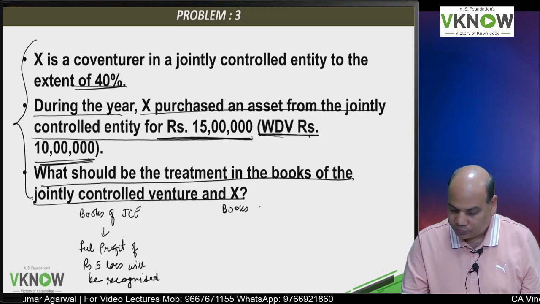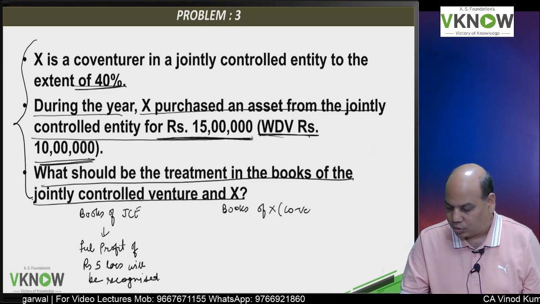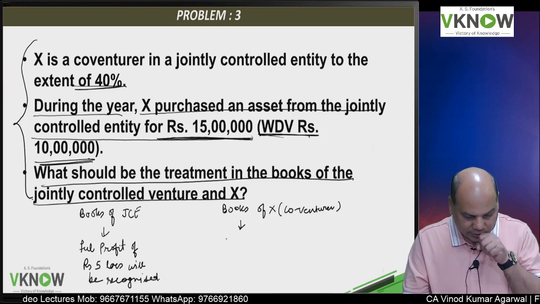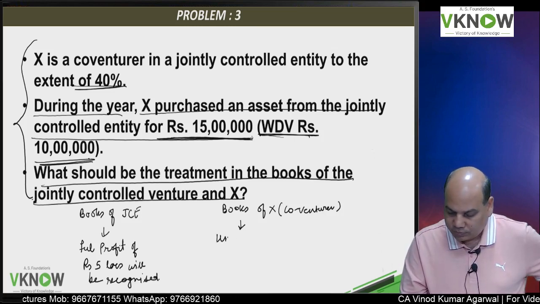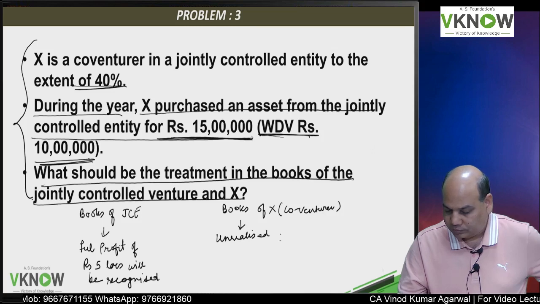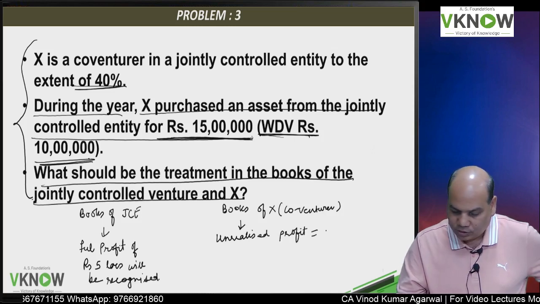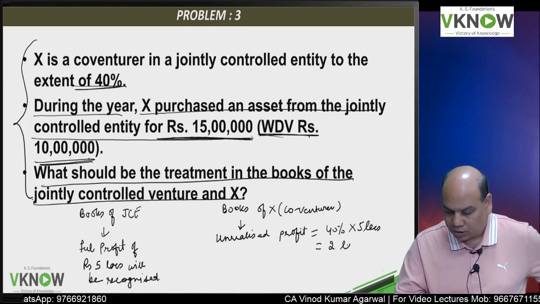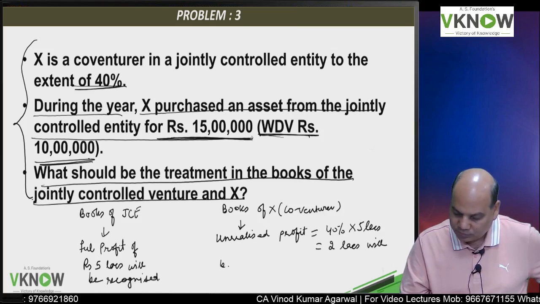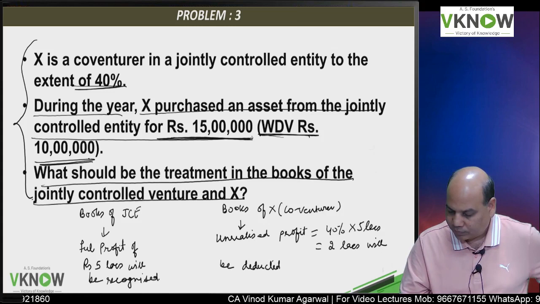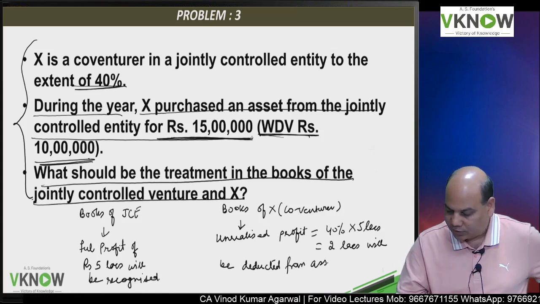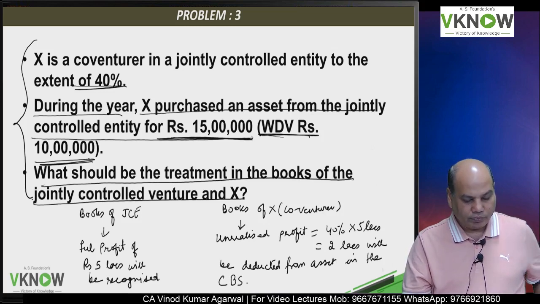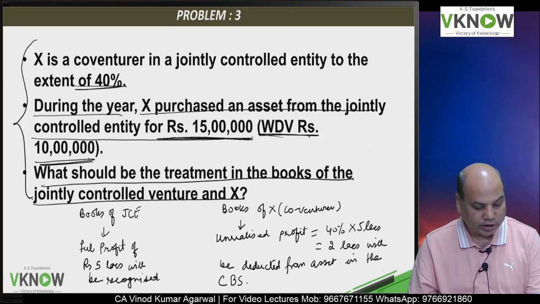But in the books of X, who is a co-venturer, unrealized profit equal to 40% into 5 lakh, that is 2 lakhs, will be deducted from the asset in the consolidated balance sheet.